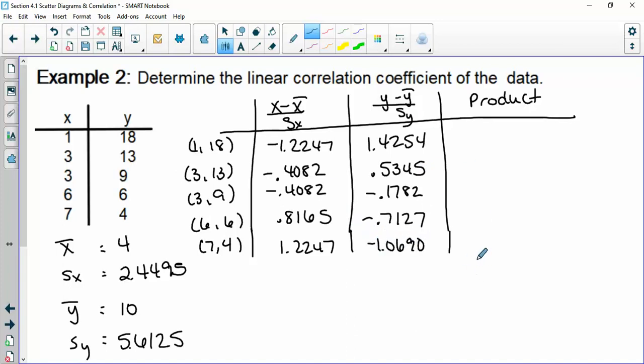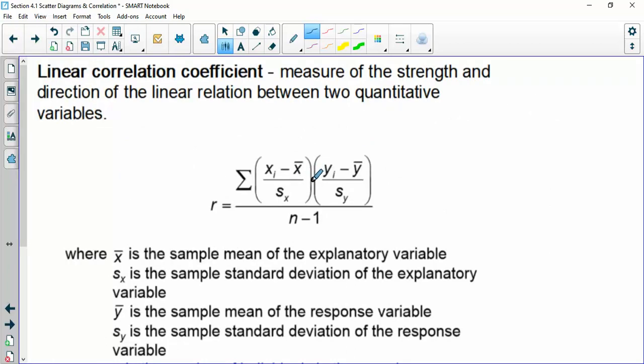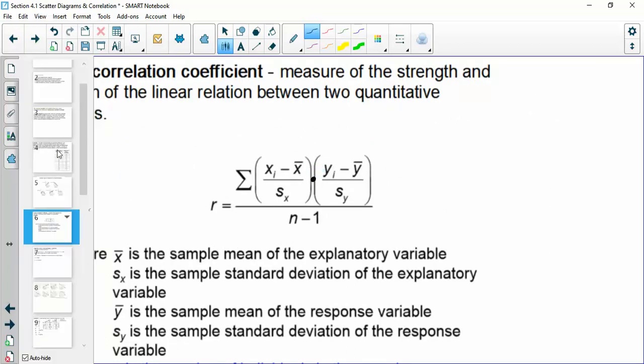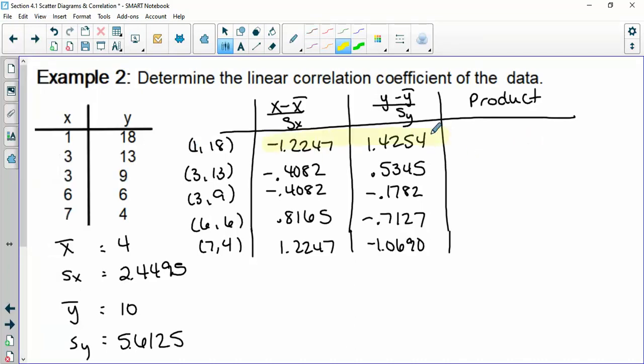Does everybody know how I got these numbers? So then, the formula tells us you have to multiply those together and then add all that up. So our third thing, we are going to go through and multiply.